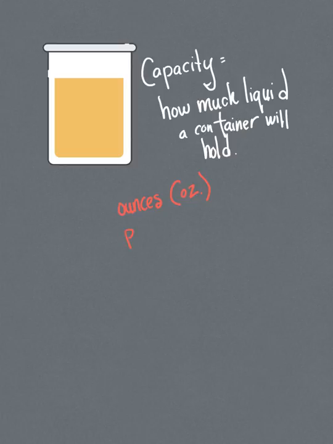We're looking at pint or PT, quart, which is QT, and gallon, which is where you usually get a big gallon of milk. So those are the different words for capacity. We also have cups.